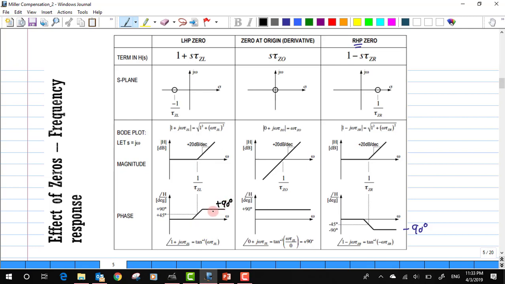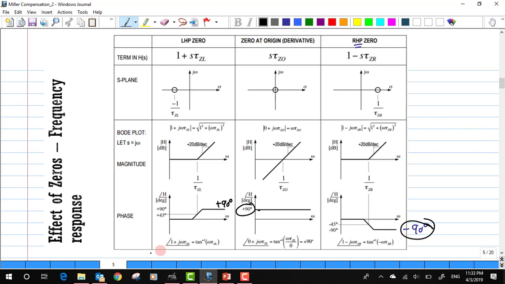So any 0 that I have either on the left half of the s plane or even at the origin would induce a 90 degree phase shift, okay. But the moment the 0 shifts its location towards the right half of the s plane, then it creates a minus 90 degree phase shift, okay. So the phase changes to negative sign, okay.